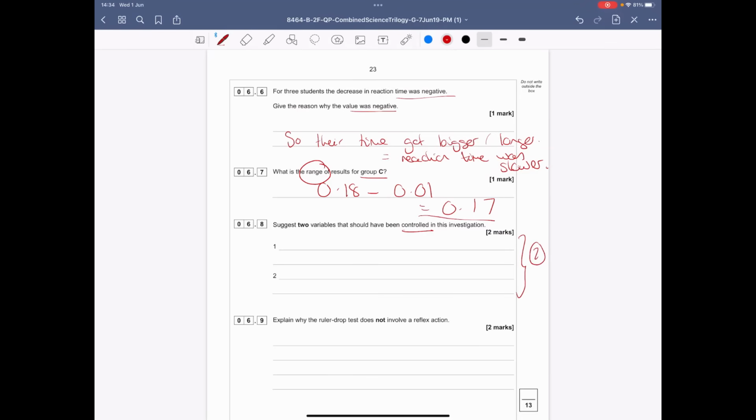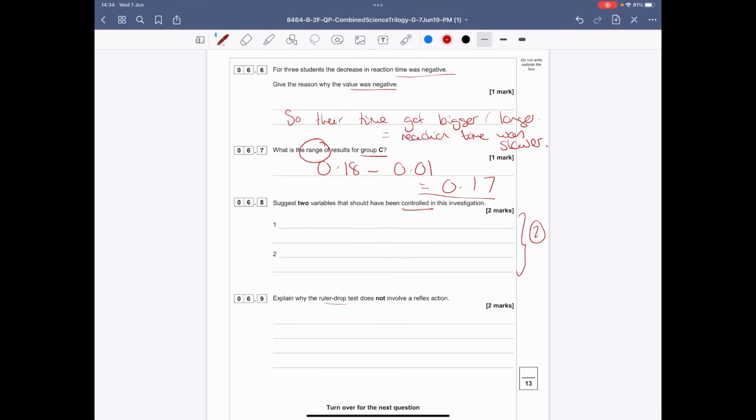Question 6.9. Explain why the ruler drop test does not involve a reflex action. So remember, a reflex action is one that we automatically do because we don't think about doing it. Like breathing, we are constantly breathing, our autonomic nervous system is controlling it.